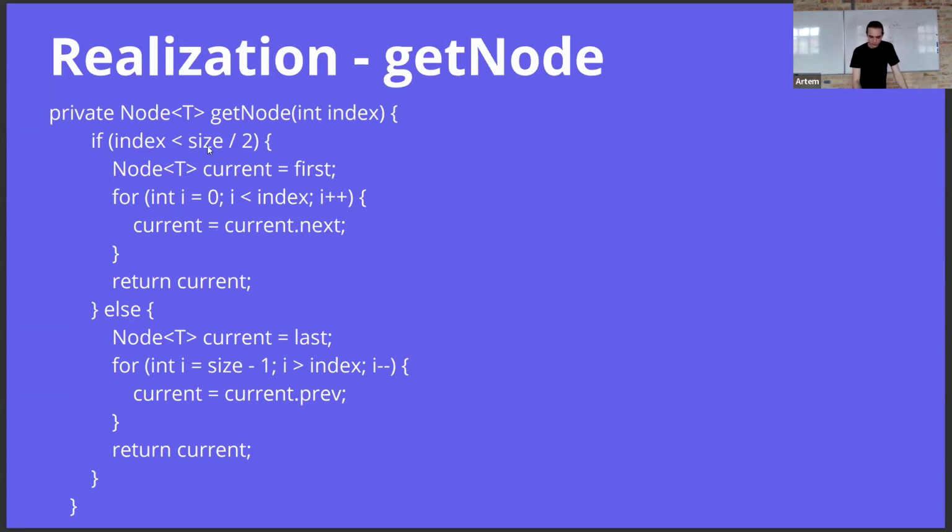If it's less, this means that we need to start from the first element. If it's bigger or equal, we start from the last element. So let's continue our example.